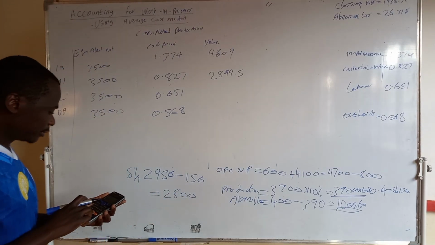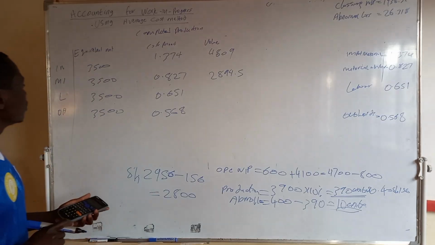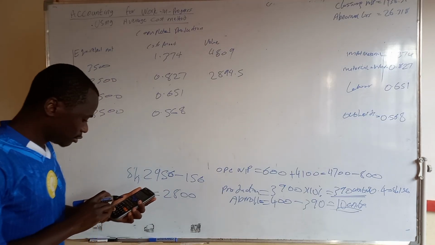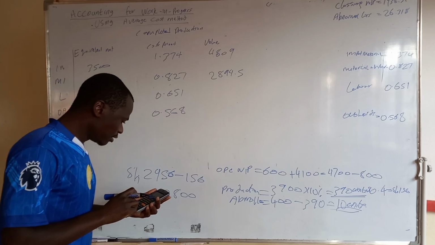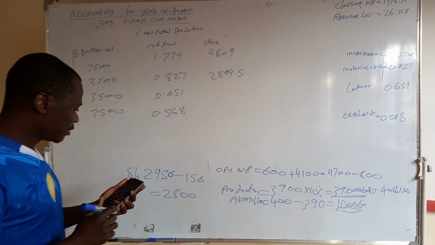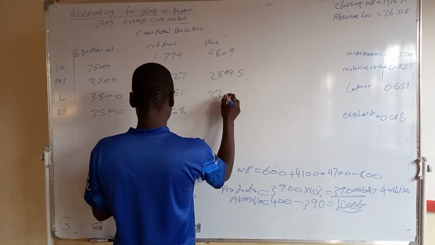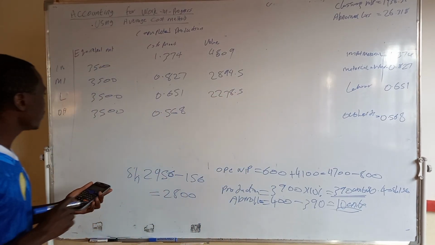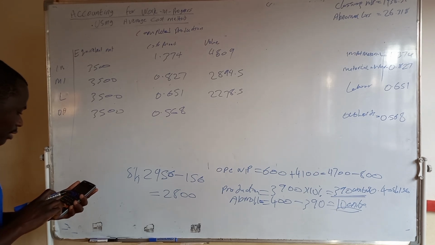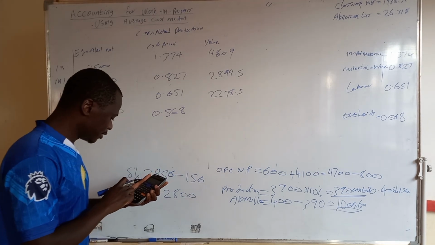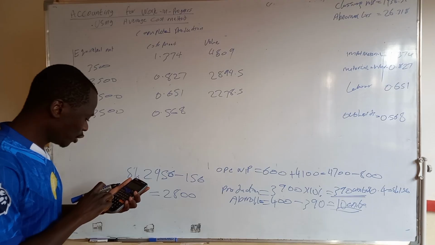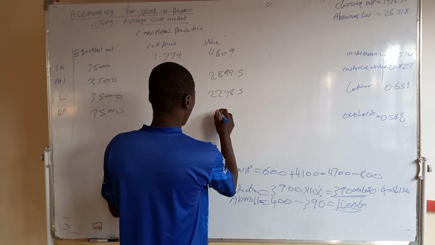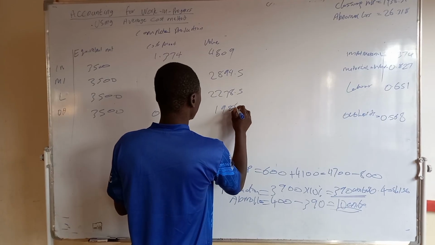Then we have labor, 0.651. This gives us 2278.5. Then 0.568 for overheads gives us 1988.